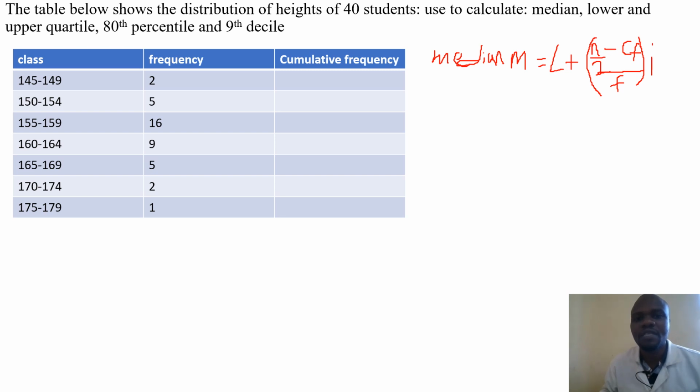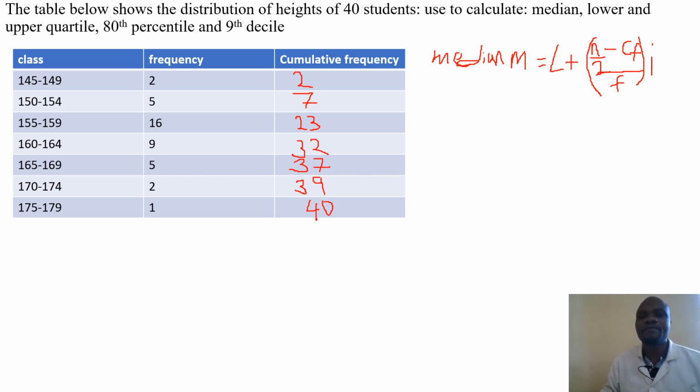So 2 plus 0 we get 2, then 2 plus 5 we get 7, then 7 plus 16 we get 23, then 23 plus 9 we get 32, then 32 plus 5 we get 37, then 37 plus 2 we get 39, and 39 plus 1 we get 40. That is our cumulative frequency column.